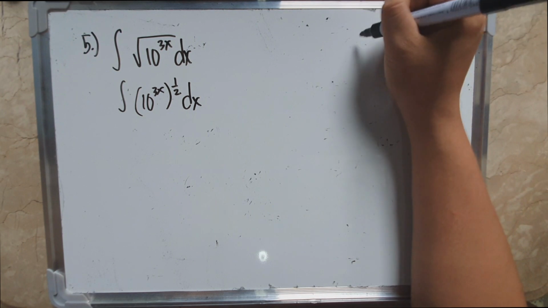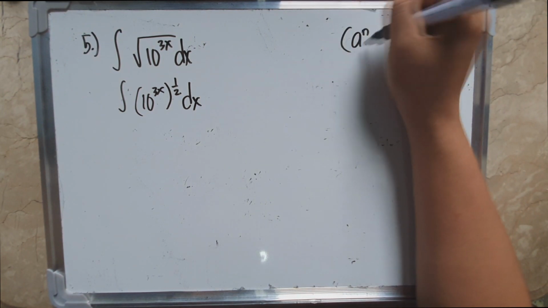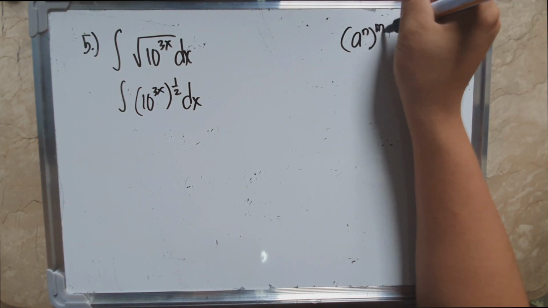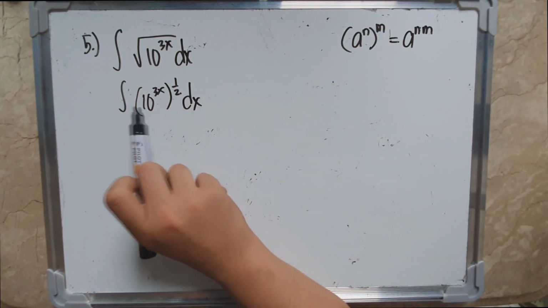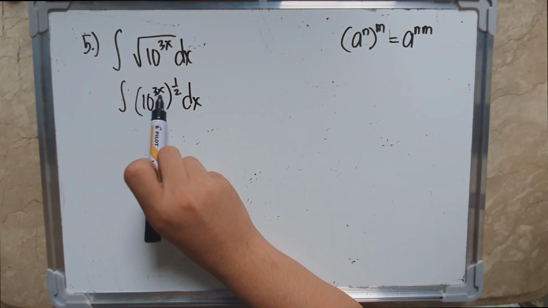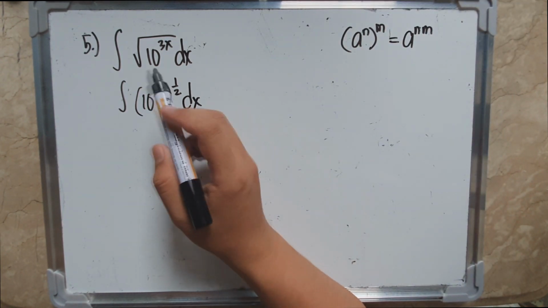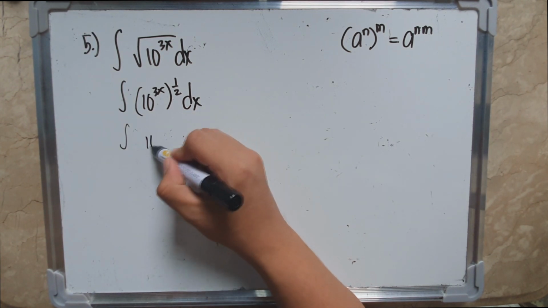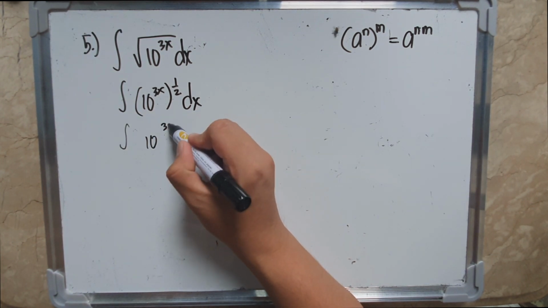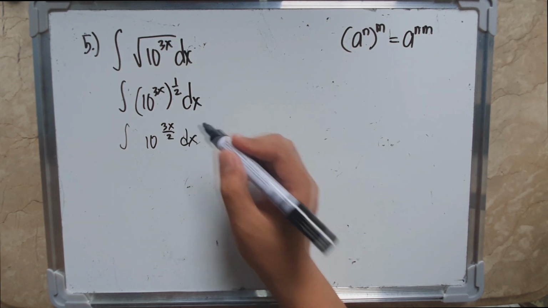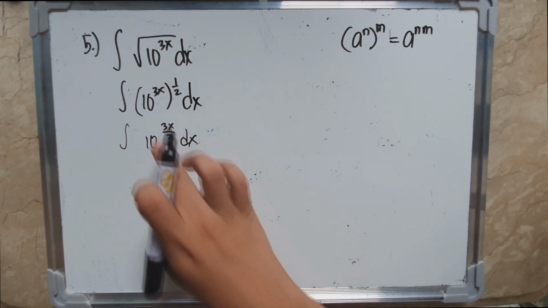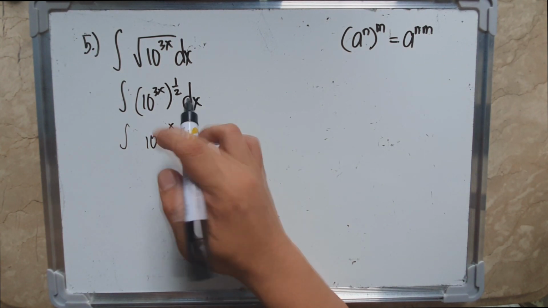In algebra, if we have a raised to the power of n raised to m, that is equivalent to a raised to n times m. So if we have 10 raised to the power of 3x raised to 1/2, this is also equivalent to 3x over 2 dx. Or we could write as 3/2.